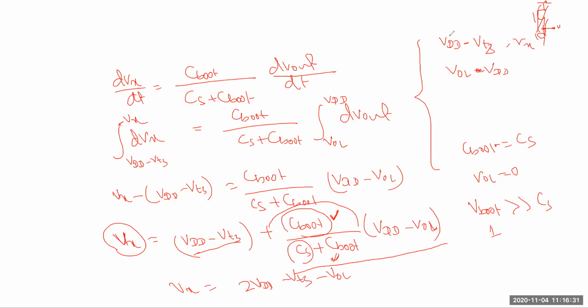So you can increase this Vx. Initially it was VDD minus VT3. Suppose VDD was 5 volts and VT3 is 1 volt, so initially it was 4 volts. Now it is 10 minus 1 minus VOL, suppose VOL was 0 volts, so you can increase it to 9 volts, automatically, without any additional voltage.